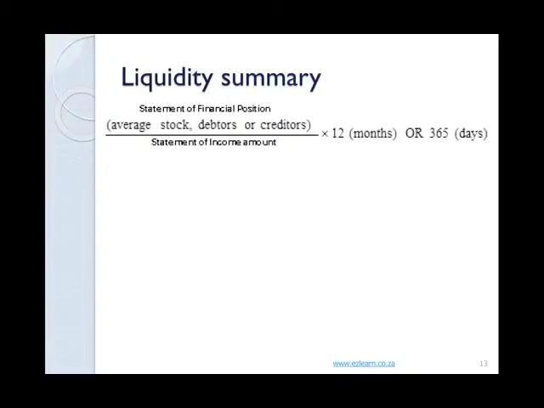In order to make the comparison more meaningful, we need to use the beginning and end balances from the statement of financial position and divide them by 2 to work out the average for stock, debtors, and creditors. If you can remember that we use our financial position figure over the statement of income figure and then times it by the period that we are looking at, it will help you to be able to calculate these much more easily.